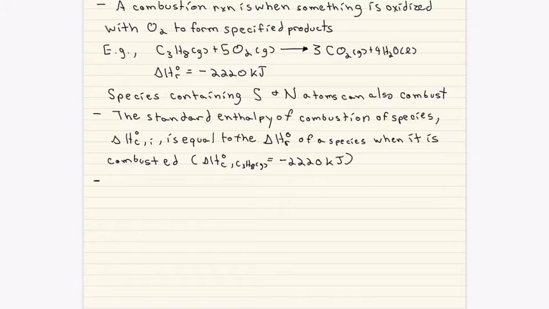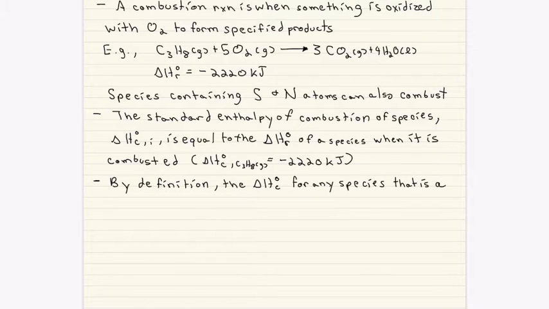Now, similar to what we saw with the enthalpy of formation, when we're dealing with enthalpies of combustions, by definition, what we're going to say is that the enthalpy of combustion for any species that's a combustion product, we're going to say its enthalpy of combustion is equal to 0.